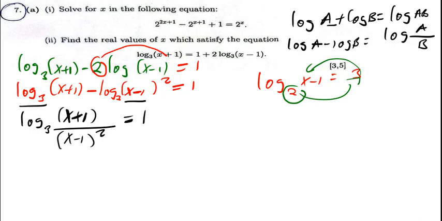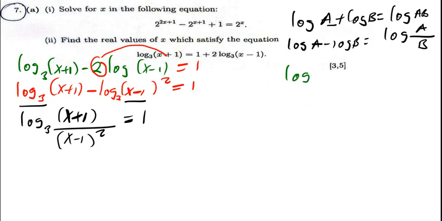So it's going to be 2 raised to the power 3 is equal to x minus 1. What if I have a different one? Let's say you have log base 3 of (x minus 1) squared is equal to 7. So you say 3 raised to the power 7 is equal to (x minus 1) squared. Then you solve for x from there.